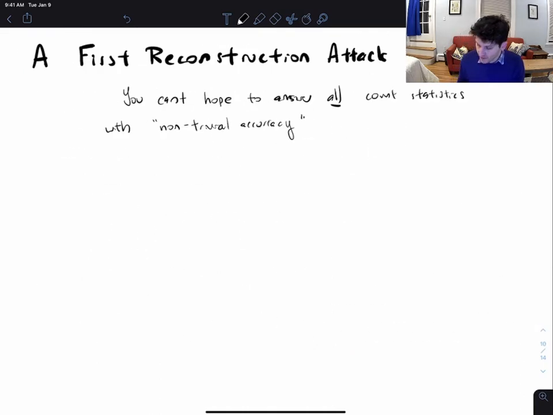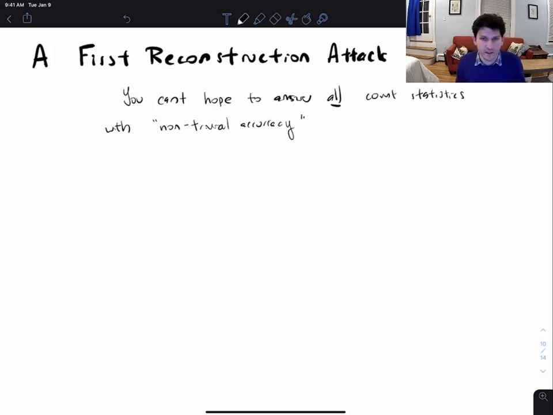All right, so let's see a first example of how we can choose the queries in order to obtain a reconstruction attack. And what we're going to show informally is the following claim, that you can't hope to answer all count statistics with any non-trivial accuracy guarantee.